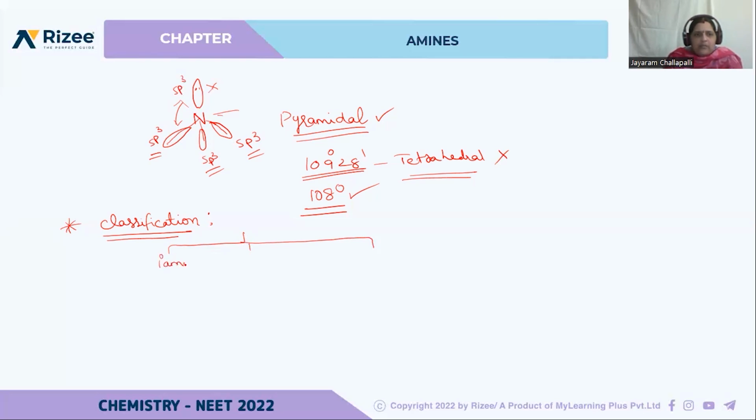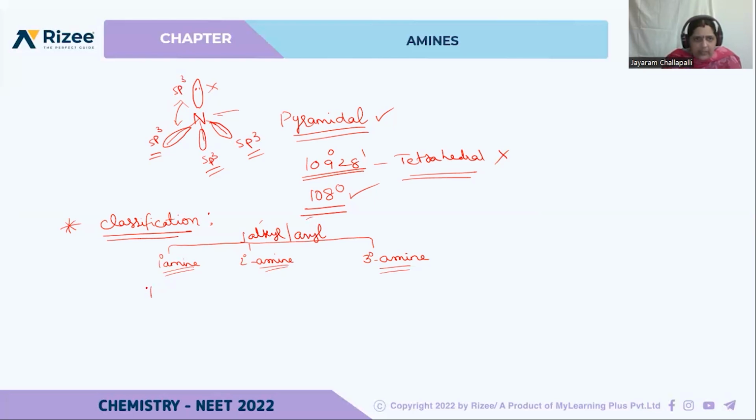Primary amine, secondary amine, tertiary amine. This could be alkyl amine or aryl amine. In both the cases, these three things are possible.